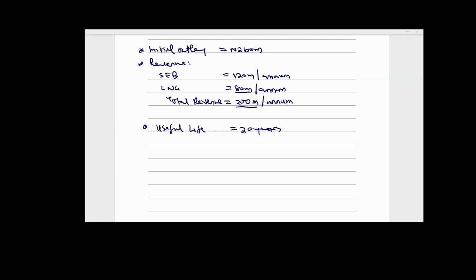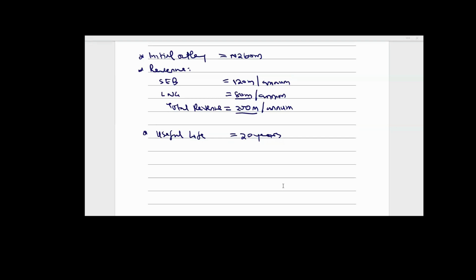All right. So examiner has given us profit to sales ratio of 20% for the first 12 years and then 17% for the remaining years. So what are you supposed to do here? You need to multiply 20% on the 200 million revenue.